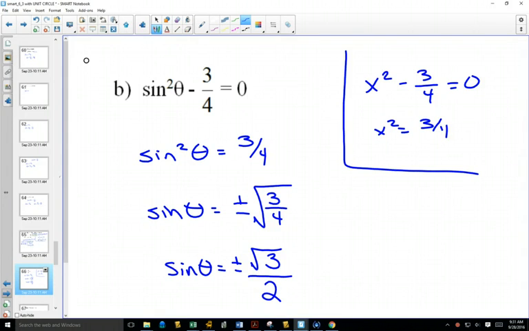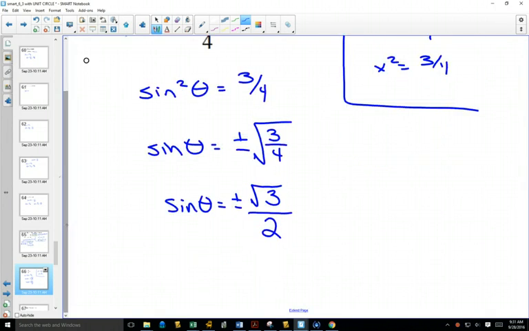What family is that? That's our pi over 3 family. What answers are we going to get? Well, because it's positive and negative, you have them all, because you have quadrant 1, quadrant 2, quadrant 3, and quadrant 4. It's like a family gathering. Everybody's invited.